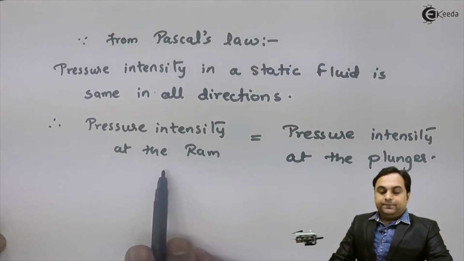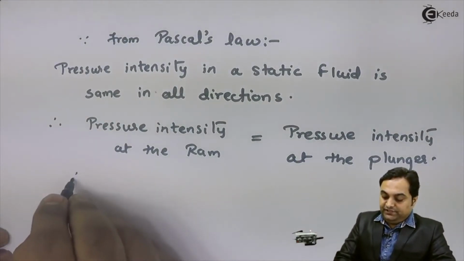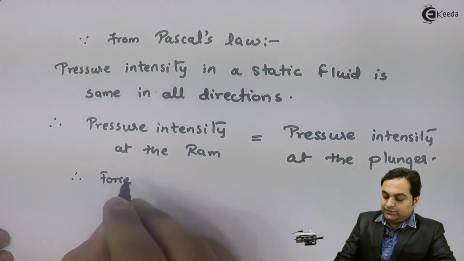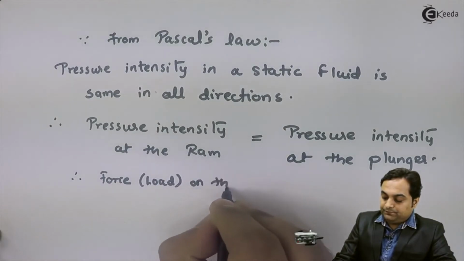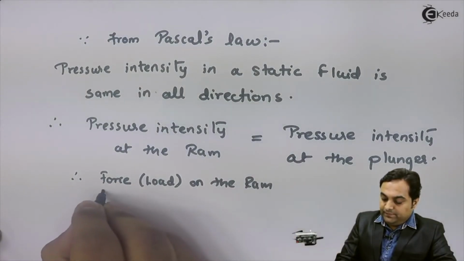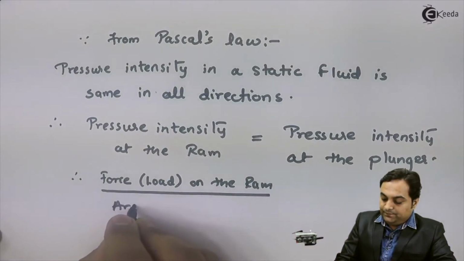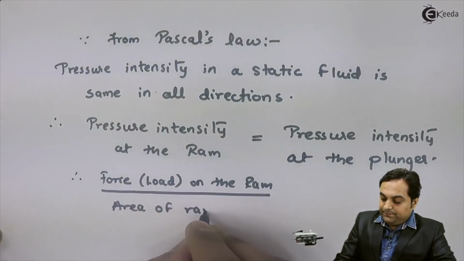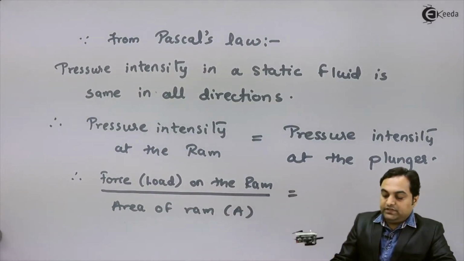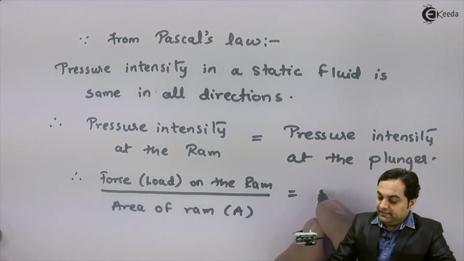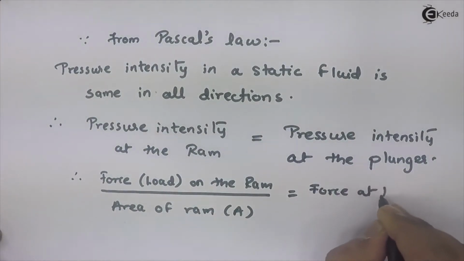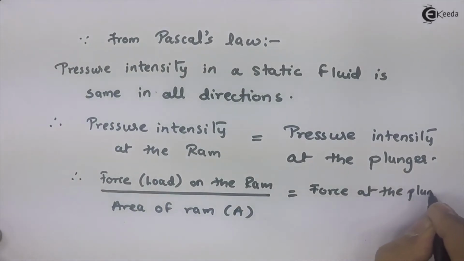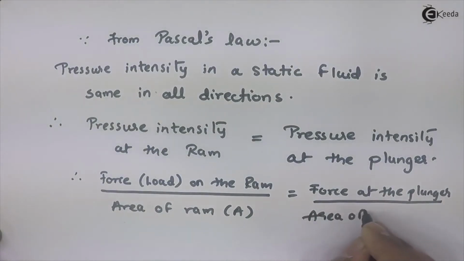Now, pressure intensity at the ram is equal to force, or we can say load, on the ram divided by area of ram, which is capital A, is equal to pressure intensity at the plunger, that is given by force at the plunger divided by area of plunger.